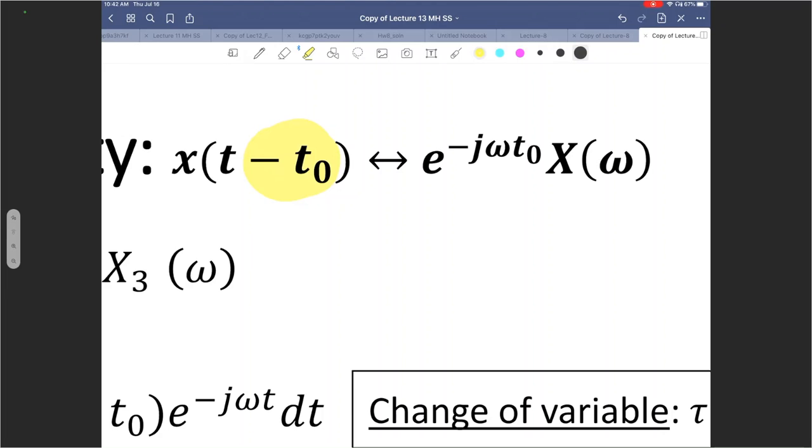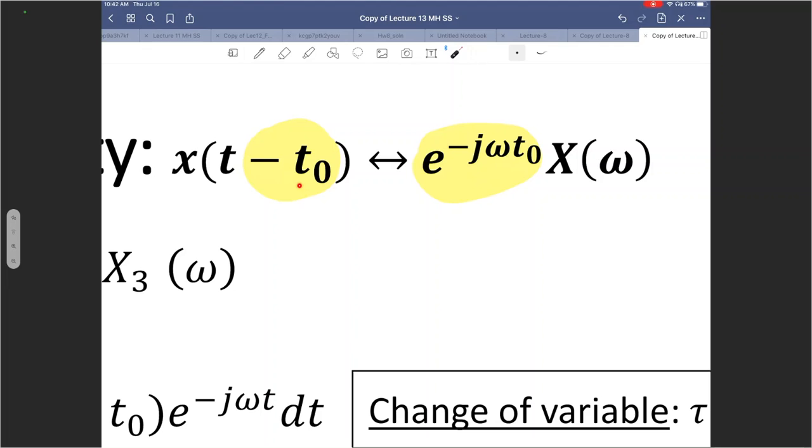So when you have a time delay with respect to your time domain signal, the property says that you essentially multiply a phase term in the frequency domain. So the Fourier transform of x of t, if it was given to us as cap X of omega, then when you shift the signal in time domain, you essentially multiply by e to the negative j omega t0. T0 is the same time by which you are shifting the signal.